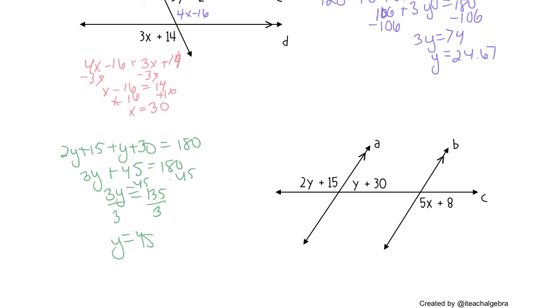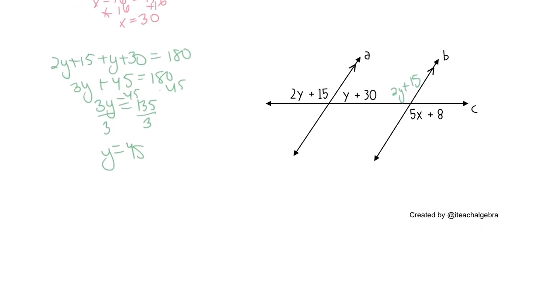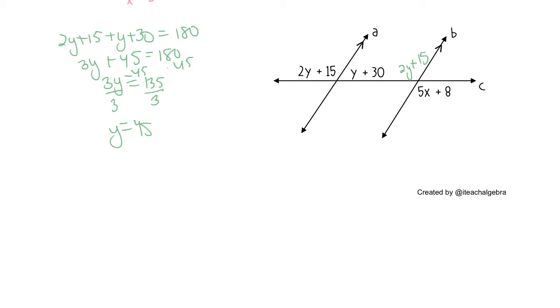So we know that 2y plus 15 is also that angle. So we can say, I've got more space, 2y plus 15 equals 5x plus 8. We also know that y is 45. So 2 times 45 plus 15 is 5x plus 8.